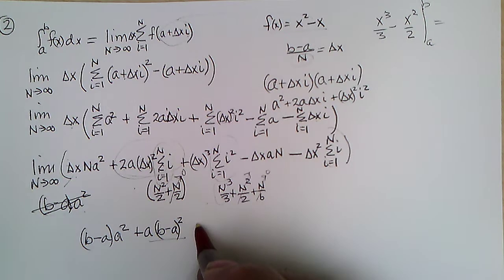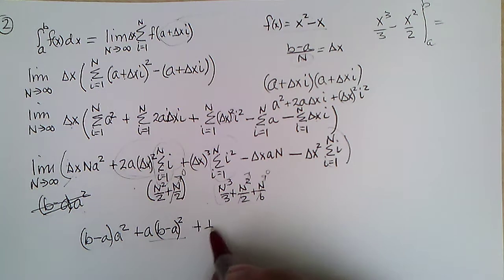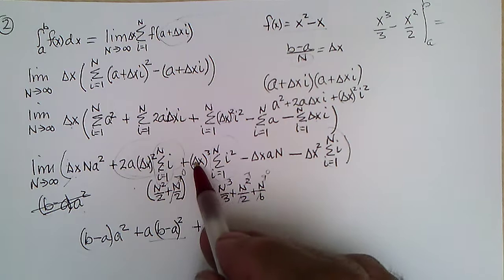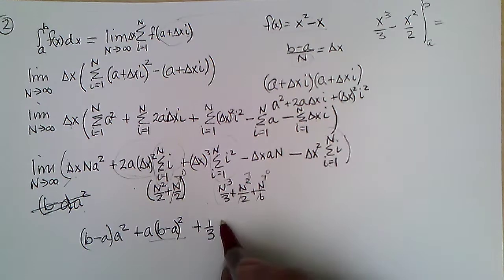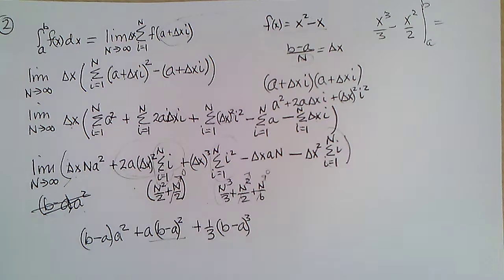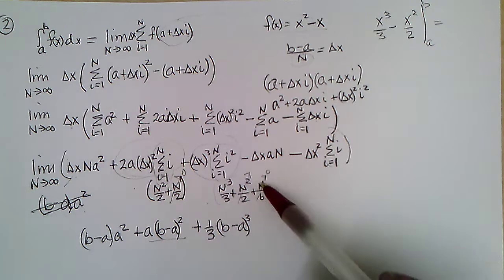So I'm going to have plus 1/3, and the numerator of the delta x is going to be b minus a cubed. So that's all that I would get out of this, since these two are going to go to 0.